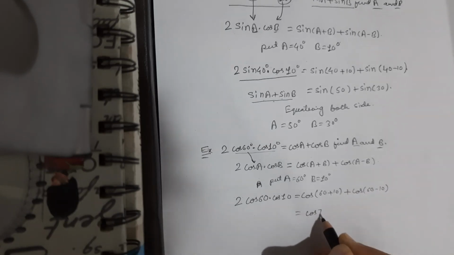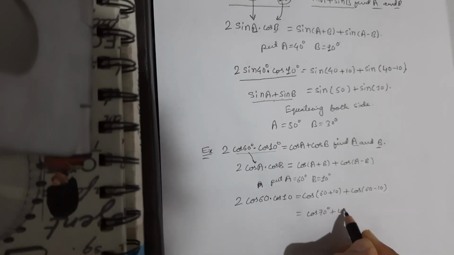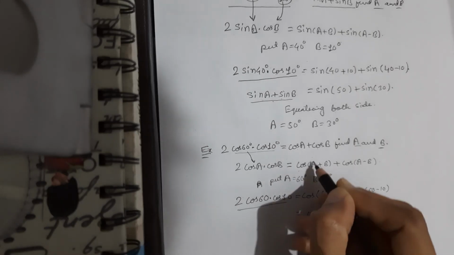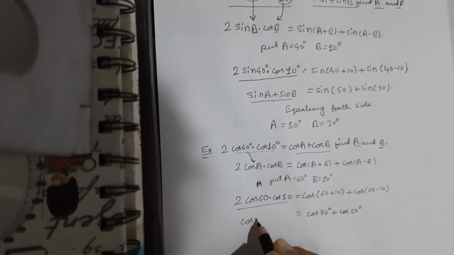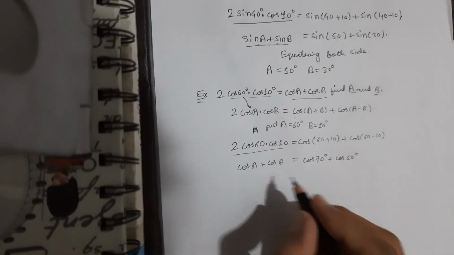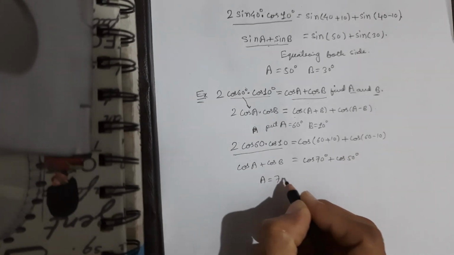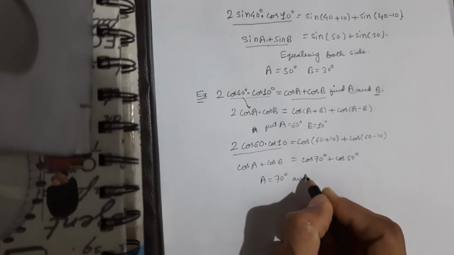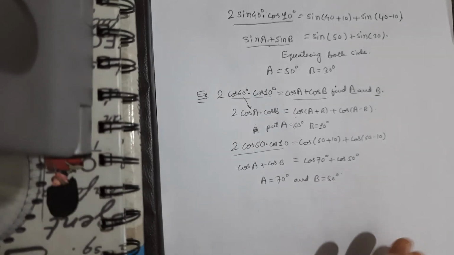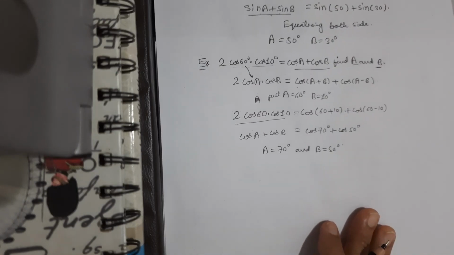So it is cos 70 plus cos 50, and this side is given to me as cos A plus cos B. Equating both the terms, I get A equal to 70 degree and B equal to 50 degree. That's how we solve the problem.